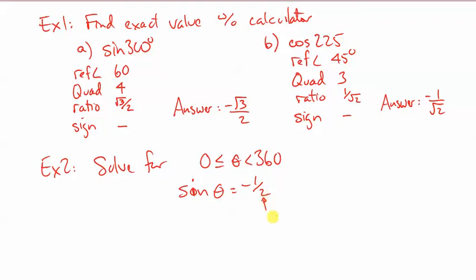This ratio with sine corresponds to a reference angle of 30 degrees. This sine tells me that I'm in quadrant 3 or 4 for a sine function. A 30-degree angle in quadrant 3 is 210 degrees, so that's one answer. A 30-degree angle in quadrant 4 is 330 degrees, so there are two answers to this equation in standard position.